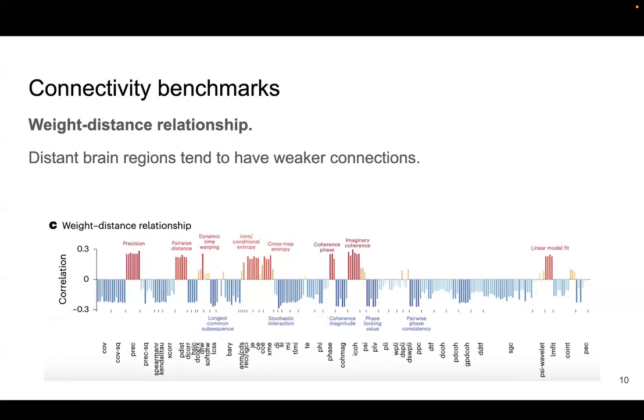Okay. So this whole result is just a benchmark for FNCs. It's just people expect that close regions should be more connected and distant regions should be less connected. And it should result in an anti-correlation between the signal strength and distance. And they show it on the screen.